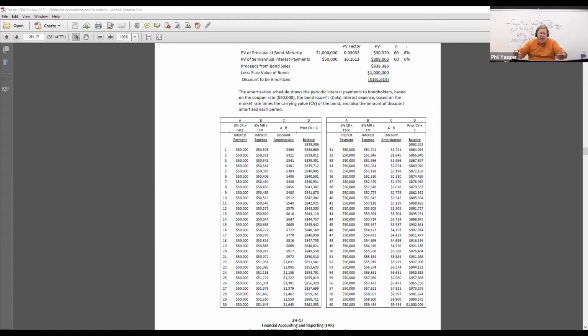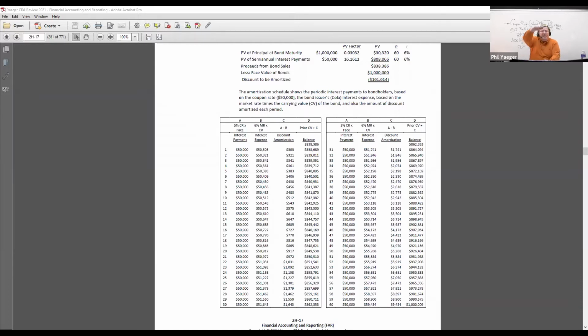The face amount of the bonds. Face amount. Do you understand that? Yes. So I'm actually giving back to you the stated interest payments. But remember, the purpose of selling the bonds at a discount is that I want to bring my yield, which is the stated rate, up to the market rate yield. Do you understand that?